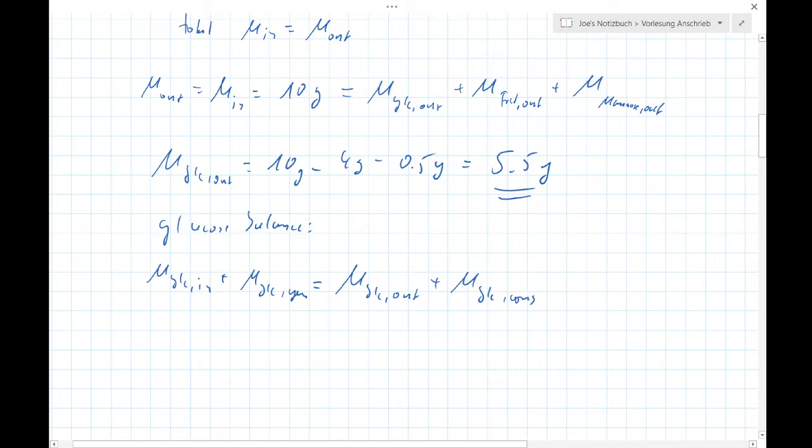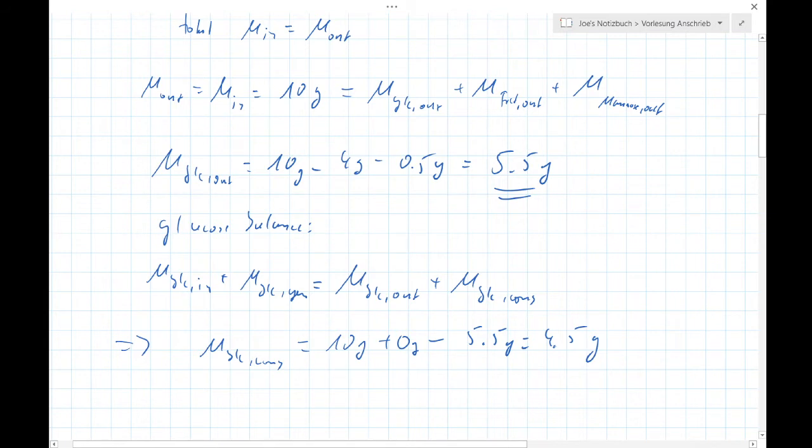M glucose generated is of course 0, so m glucose consumed is equal to m glucose in, 10 grams, minus m glucose out, 5.5 grams. So we're at 4.5 grams.